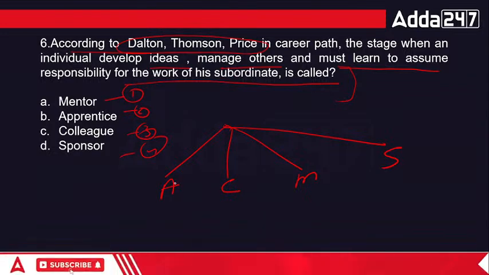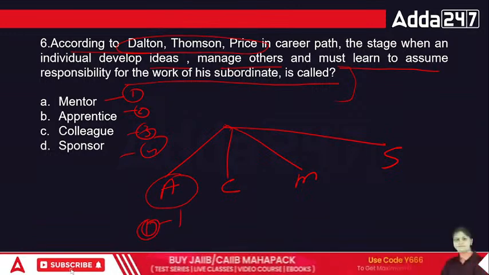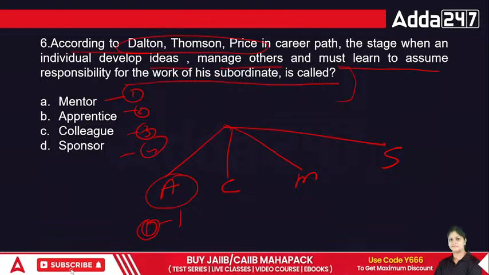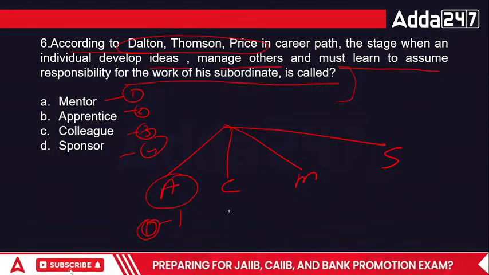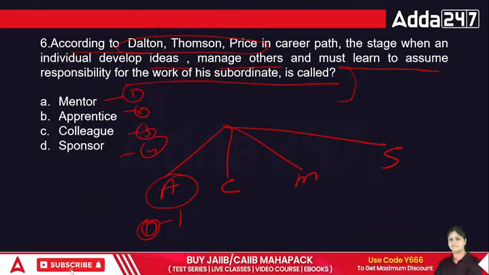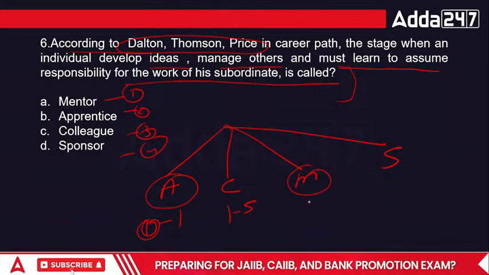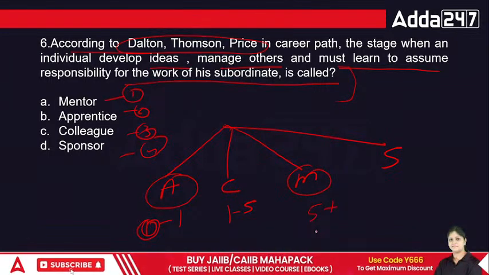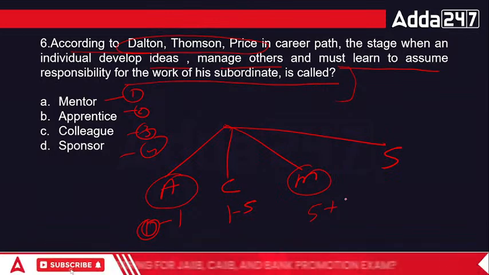Apprentice is the 0 to 1 year fresher level. Okay, you are much more dependent on your boss, right? Colleague is like you have gained some experience, now you are not that dependent on your boss, around 1 to 5 years. Mentor is now you have gained enough experience and now you are guiding the other person, you are managing the other person, that is a mentor.